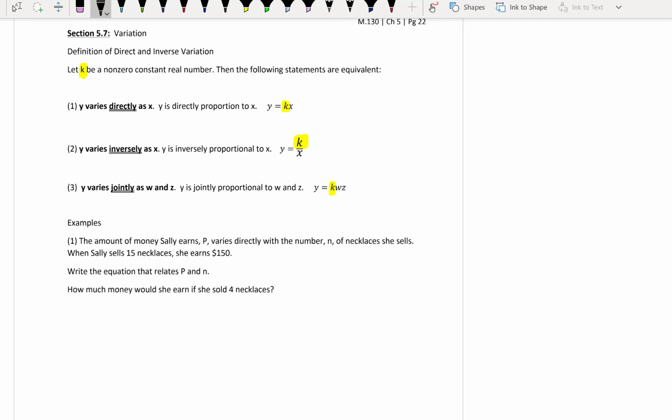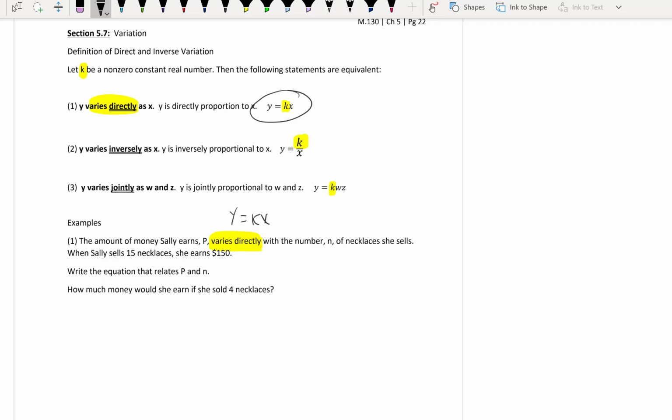You want to think of the first sentence as giving you a clue of what you're going to be using. So varies directly is going to be that y is equal to kx. That is this over here.